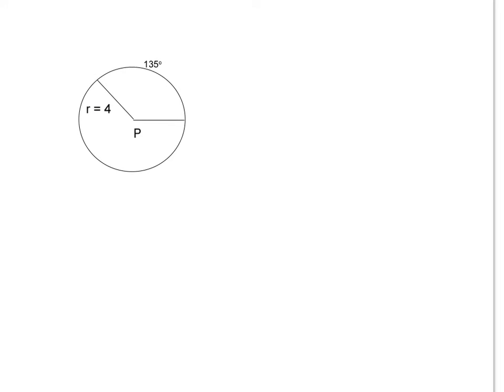So we look at this one right here. I have a central angle of 135, and I know that because my arc measure is 135 as well. So I know now I have the measure of my angle, 135, over 360 times the area of the circle, pi r squared. Well, r in this case was 4.